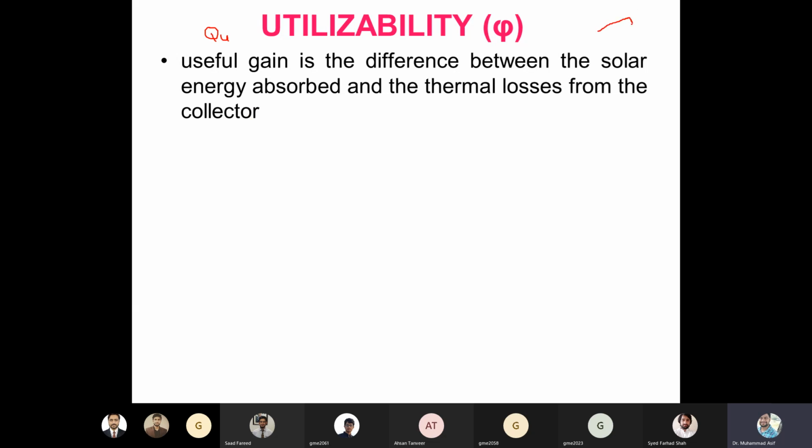If you have a collector, the energy absorbed has two parts: one is Q_losses and one is Q_useful. So the useful gain is the difference between the energy absorbed and the losses from the collector.